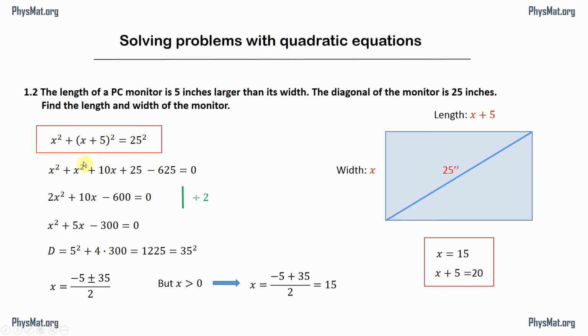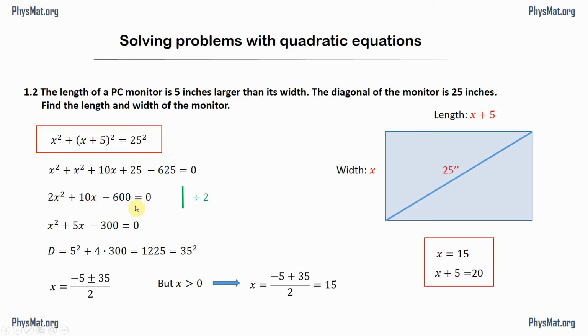After we open brackets here and sum all the terms with x squared, with x, and the free term, this will be our equation: 2x squared plus 10x minus 600.